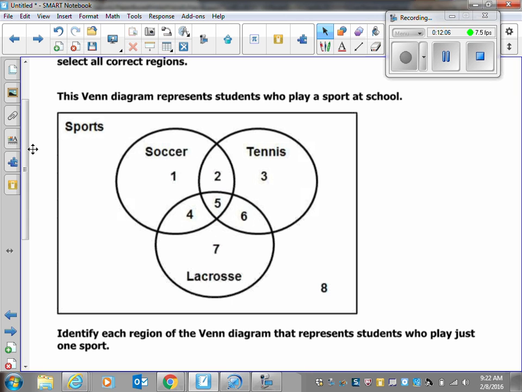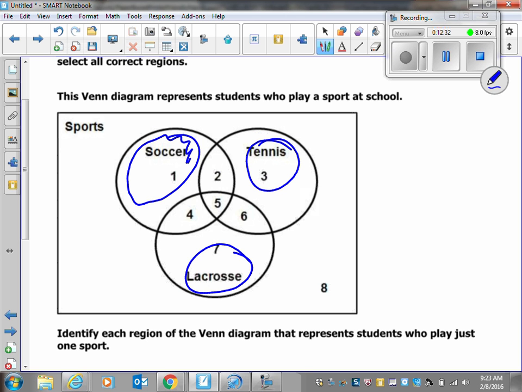So we have just one sport. So here, you probably have to shade it. Is that what it is? Yeah, so this is kind of a shaded region, but all you had to do is, one sport would be soccer. So the players right here are only going to play soccer. And also the players right here, the circle, is going to be tennis.